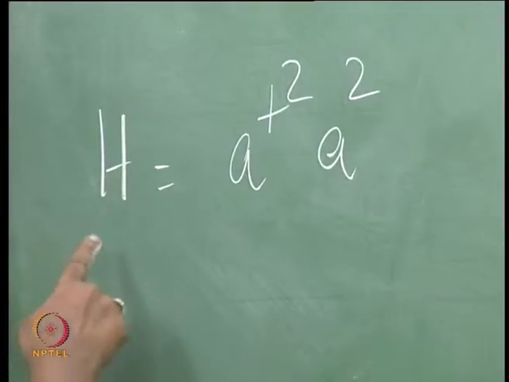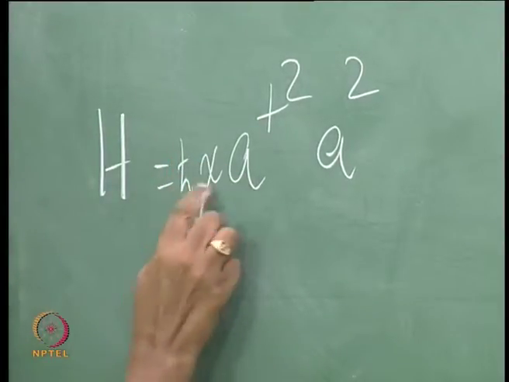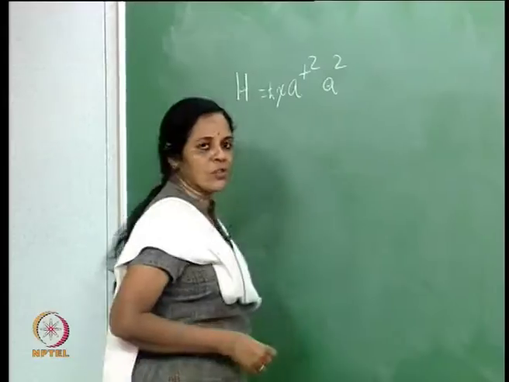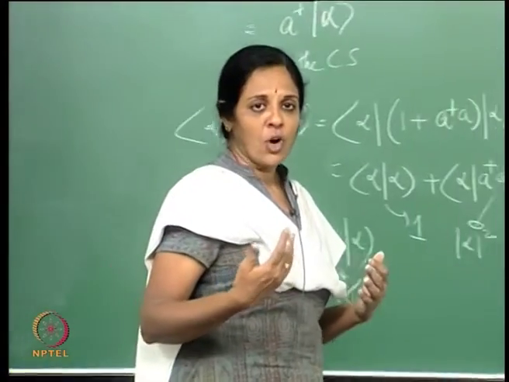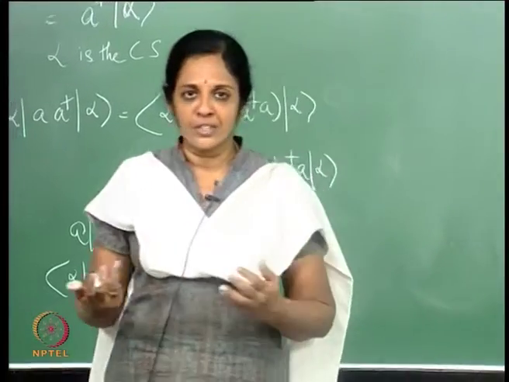I have very deliberately used H there, because if I put in some overall constants outside, I find that this Hamiltonian is the effective Hamiltonian for a nonlinear optical medium, specifically the Kerr medium.